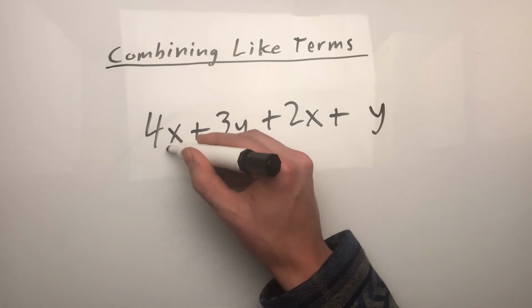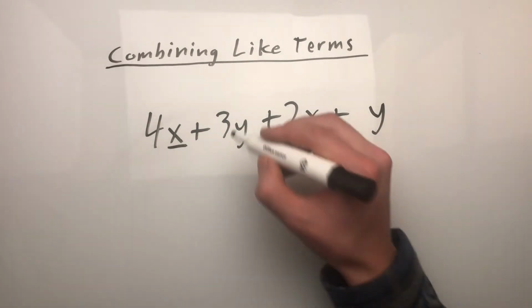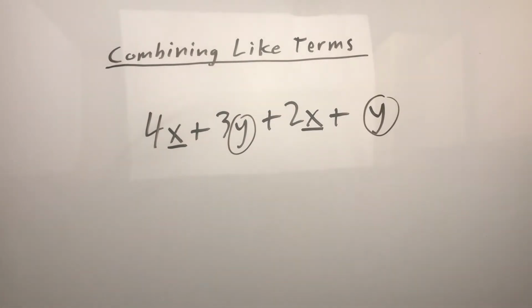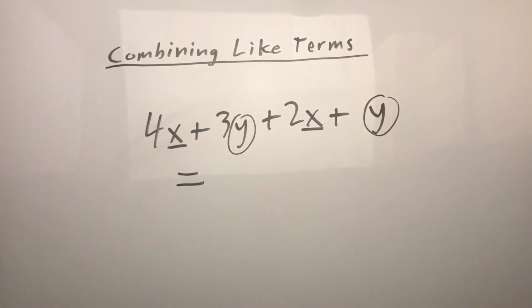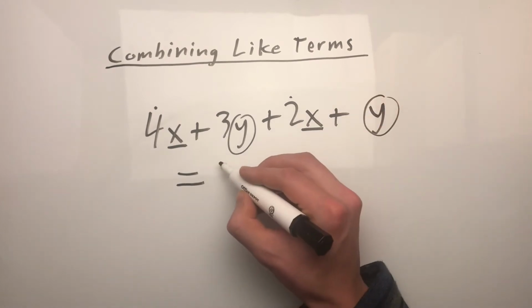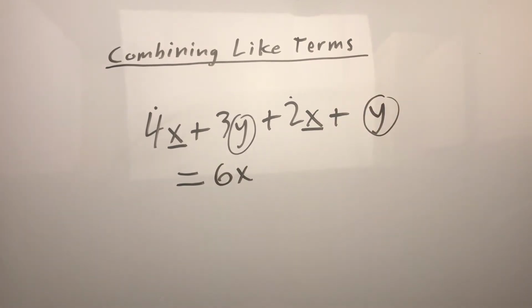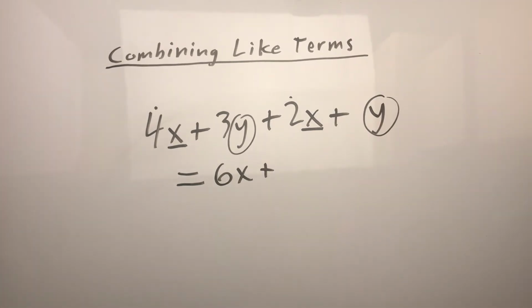We know that the x's are like terms of each other, and similarly, the y's are also like terms of each other. So, if we combine the like x terms, we do 4 plus 2, which gives us 6x. And similarly, we do the same with the y's.